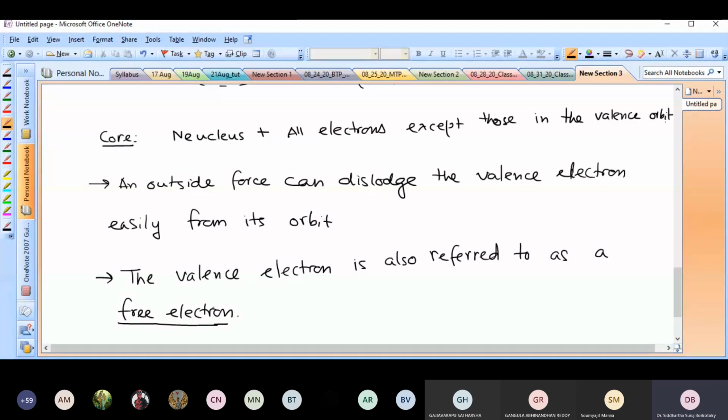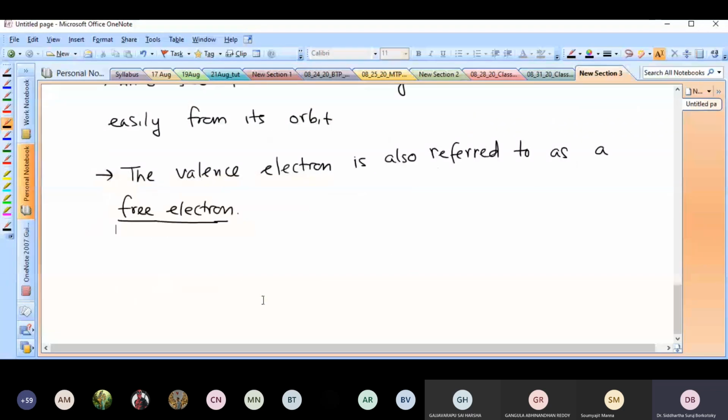Why is it referred to as a free electron? It can be very easily discharged, and then it can hop from one positive core to the next. If you dislodge this electron, it can move from one atom to the next. You can easily dislodge a lot of electrons, so the electrons can move in a direction. This is why it's called the free electron, and this movement of electrons leads to current.